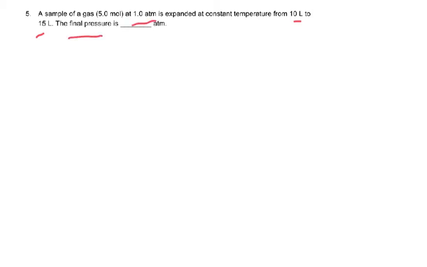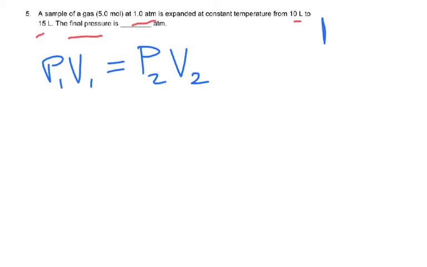So this means we can use one of those simple gas laws. We can use P1 V1 is equal to P2 V2. And remember this formula, it can help you to remember that P is inversely proportional to volume. So as volume decreases, pressure increases.